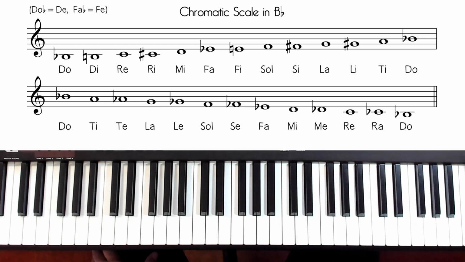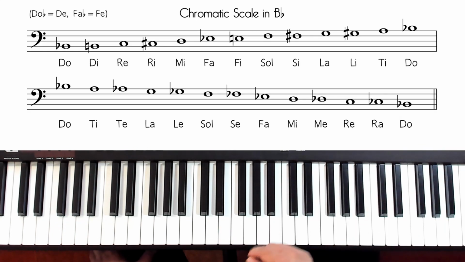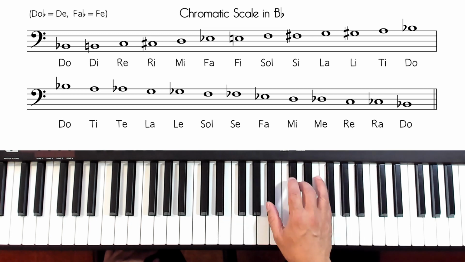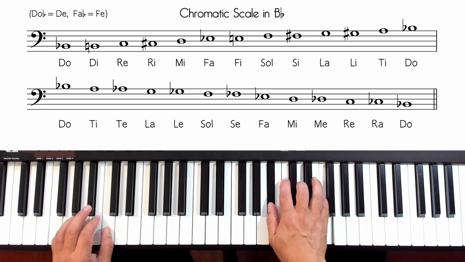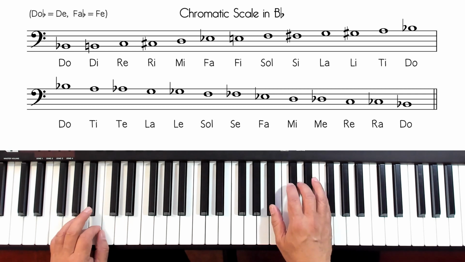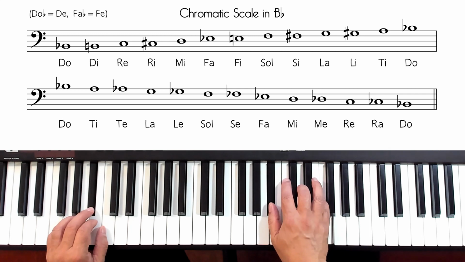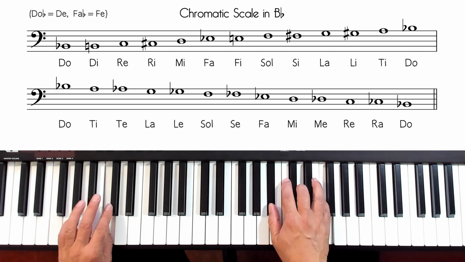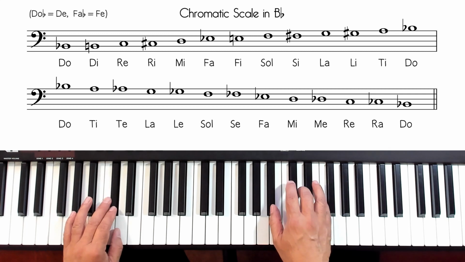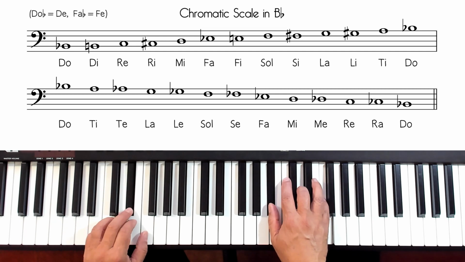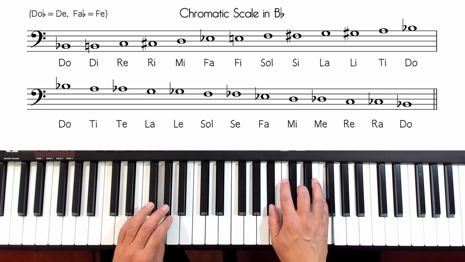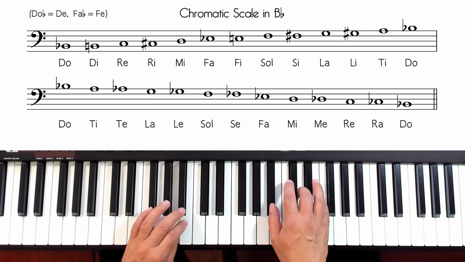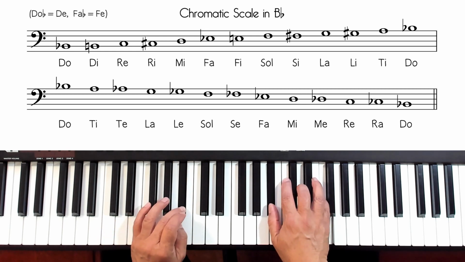Okay, very good. So now we're gonna do the same in bass clef. Bass clef, we're gonna play a major triad. Against the major triad, we're gonna play a bass line, ascending and descending, and we're gonna sing and play. Do, di, re, mi, fa, fi, sol, si, la, li, ti, do.